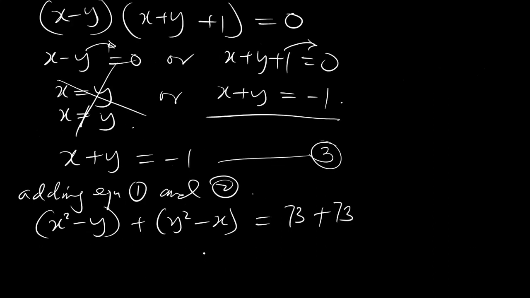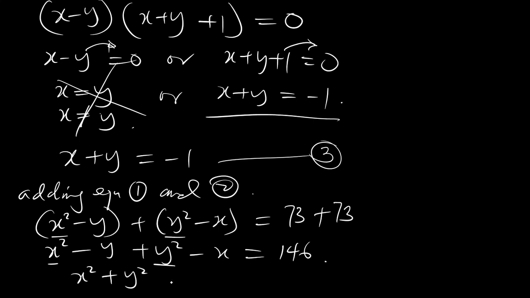So now this plus this, these are like terms. You have x squared. Let me open the bracket first. x squared minus y plus y squared minus x is equal to what? This is 146. Now I bring the like terms together. I have x squared plus y squared minus x minus y equal to 146.